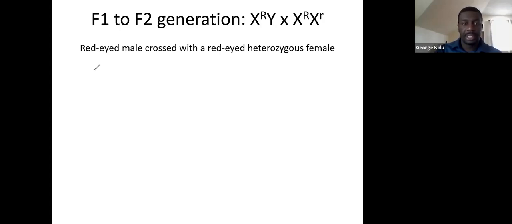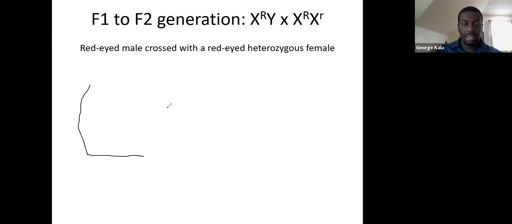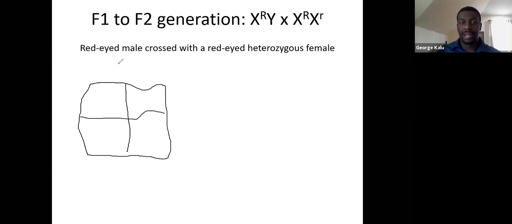Okay. So if we do the Punnett square here, if we have a red-eyed male, what would his genotype have to be? Okay, again, assuming red is dominant and white is recessive, what would his genotype have to be?